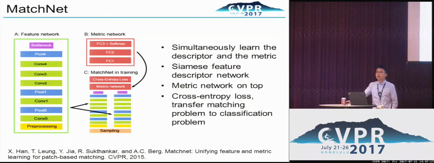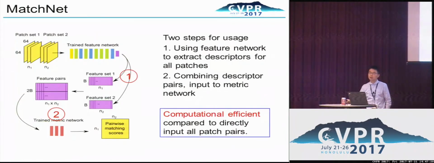The feature network consists of several convolutional and pooling layers, and the metric network consists of three fully connected layers. Once the nets have been trained, MatchNet can be directly used for patch matching. This operation requires testing all possible pairs, which computes the descriptor of one patch many times. To reduce such redundant computation, a two-step scheme is proposed.